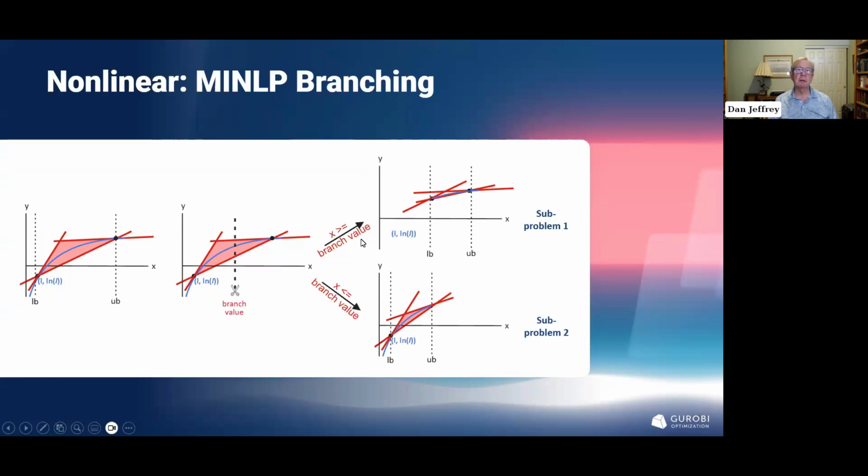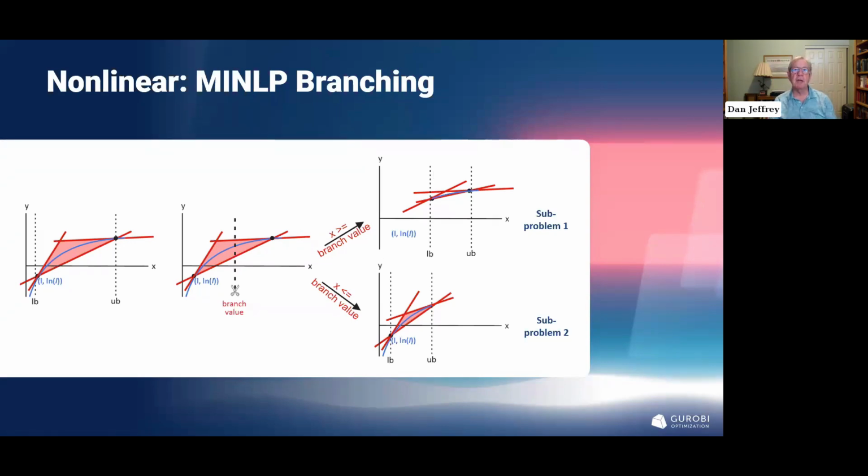So if x is greater than or equal to the branch value, we have this curve here, and we'll draw two new tangents and an intersection line for those. We've moved that lower bound up to our branch value. The lower bound is the branch value in subproblem 1. And in subproblem 2, the upper bound is now the branch value. So we're breaking it down. It looks like maybe, in this representation, subproblem 1 might be within tolerances.